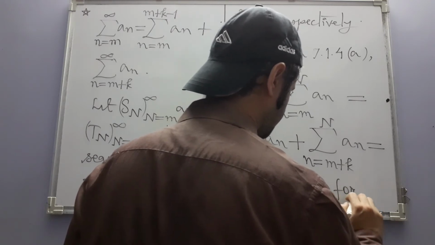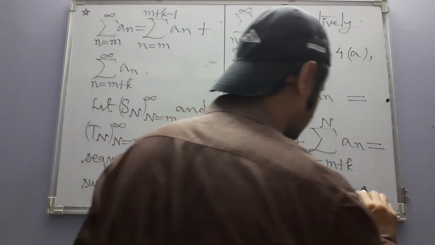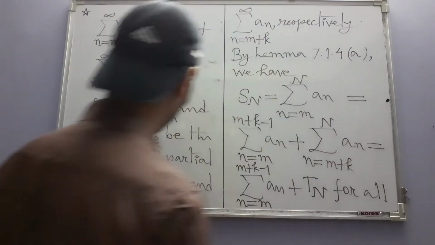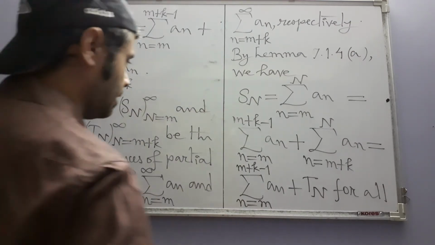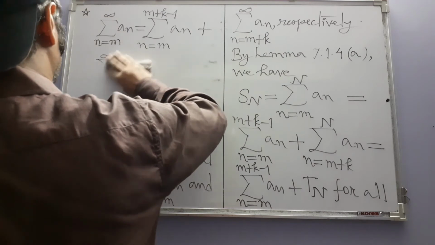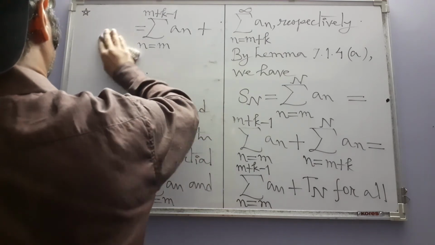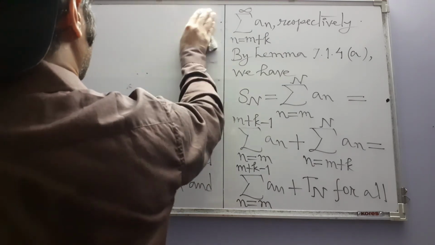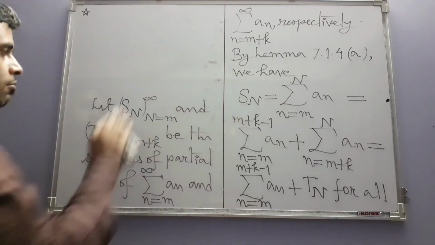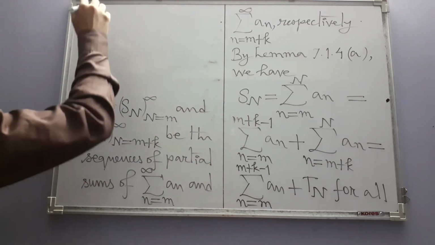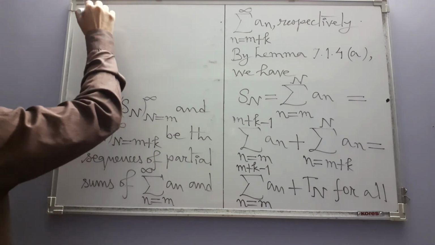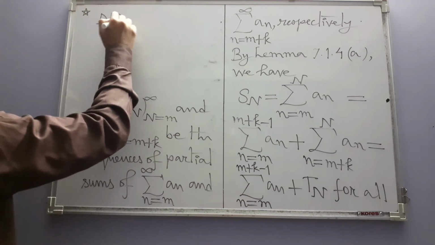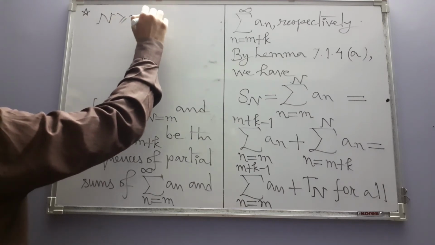But the question is for what type of n? For all n greater than or equal to m plus k.